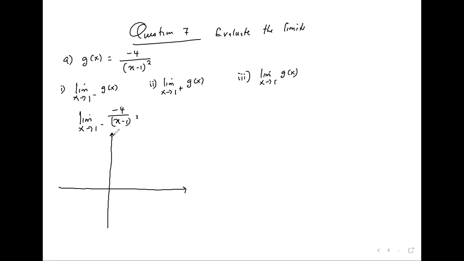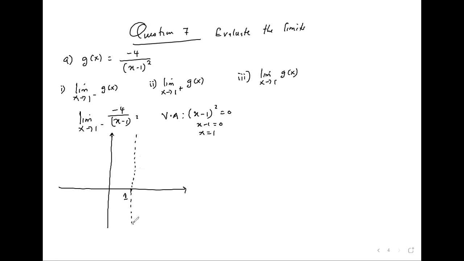When we sketch the function, this is a fraction. So you find the vertical asymptote, which is equate the denominator to 0, which means x minus 1 is 0, so x is equal to 1. And so 1 is the vertical asymptote, like this.